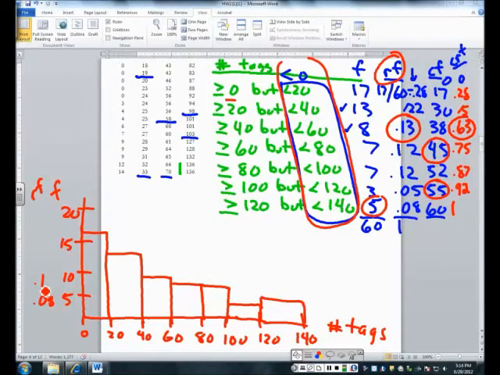Then we'll have 0.16, 0.24. It's 0.32 at the top there. And so now I can just read relative frequencies across.